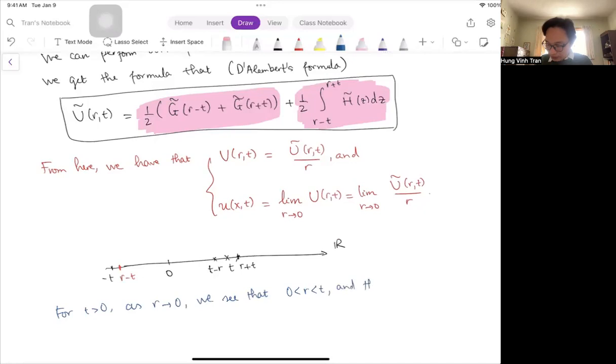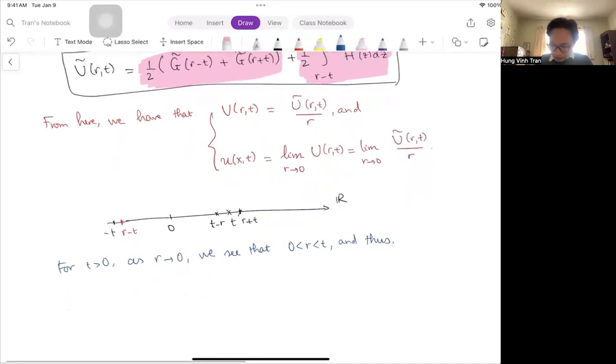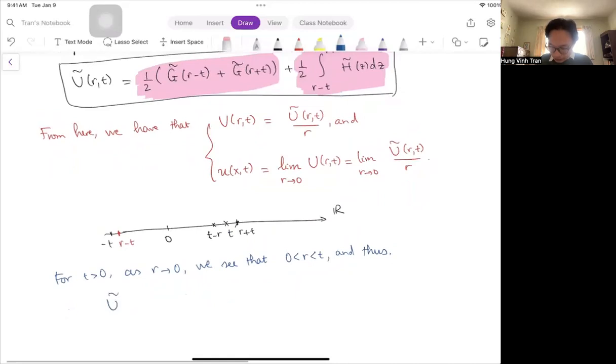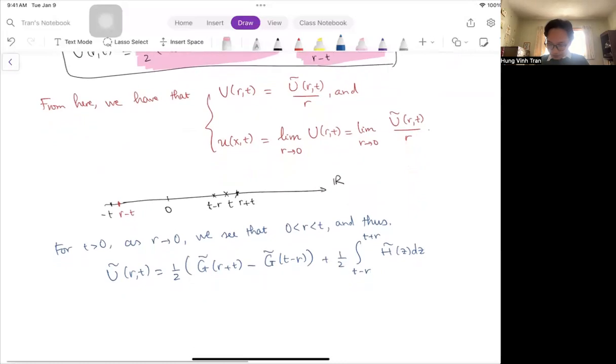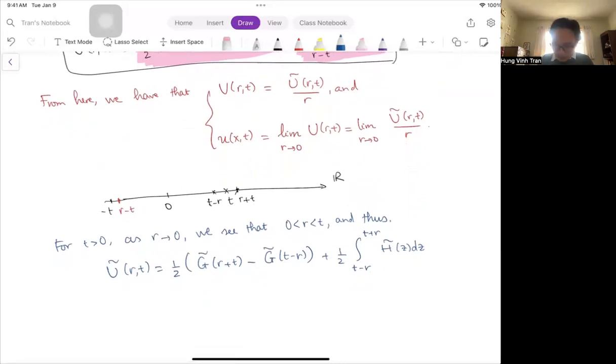Thus the formula for u tilde of r,t can be reduced by using odd reflection: g tilde of r minus t is odd reflected to be minus g tilde of t minus r. And same for the integral, it becomes the integral from t minus r to t plus r of h tilde of z dz.